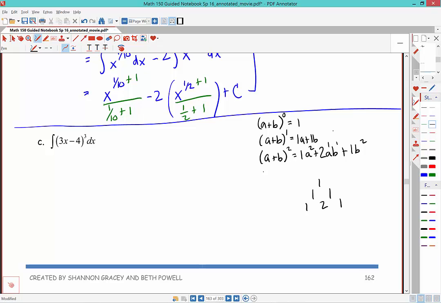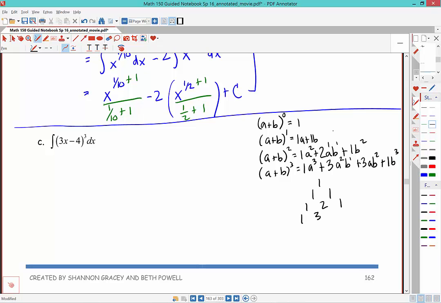So it turns out, as you go on, a plus b cubed will give us 1a cubed plus 3a squared b to the 1 plus 3ab squared plus 1b cubed.